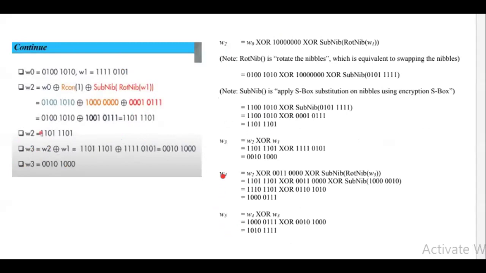Now the W4 equation is W2 XOR round constant 2. Round constant 2, I'll write here, that is 0011 0000. That is round constant 2. It is defined by the algorithm itself.